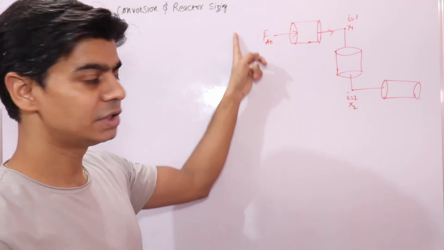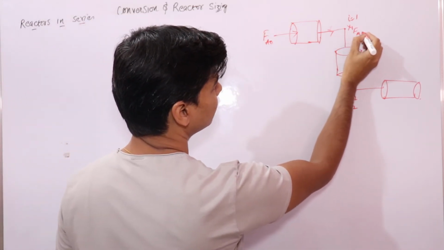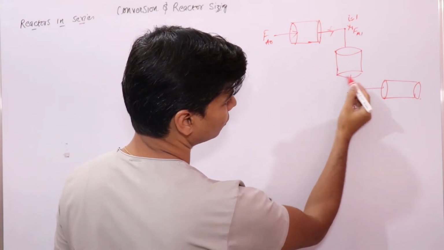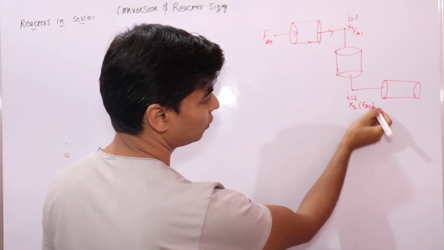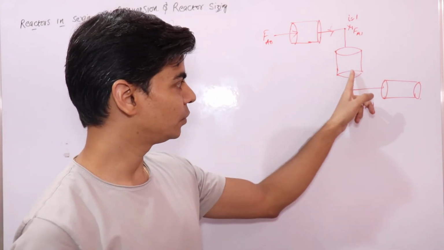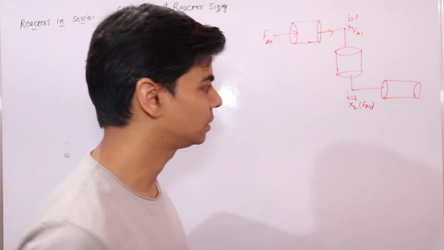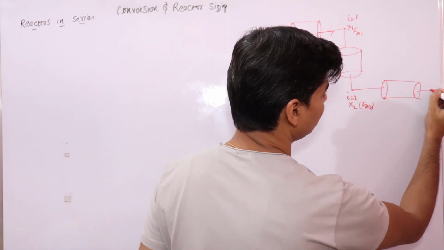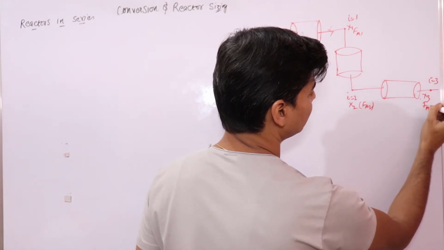This is the initial feed to the first reactor, and what comes out of this reactor is FA1, and out of the next reactor is FA2, the molar flow rate. The molar flow rate coming out of the second reactor is the feed for the third reactor, so here i equals 3, X3, FA3.